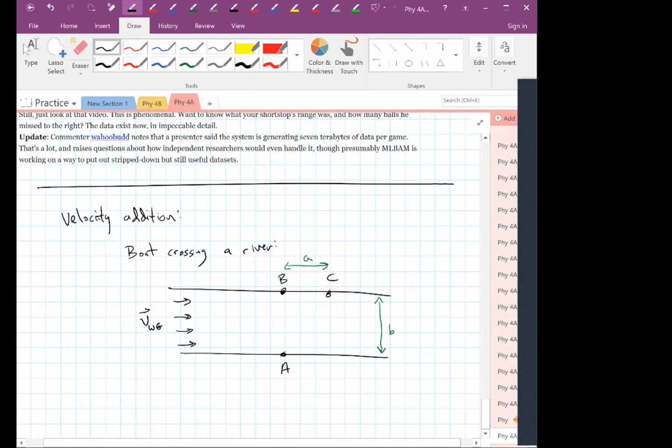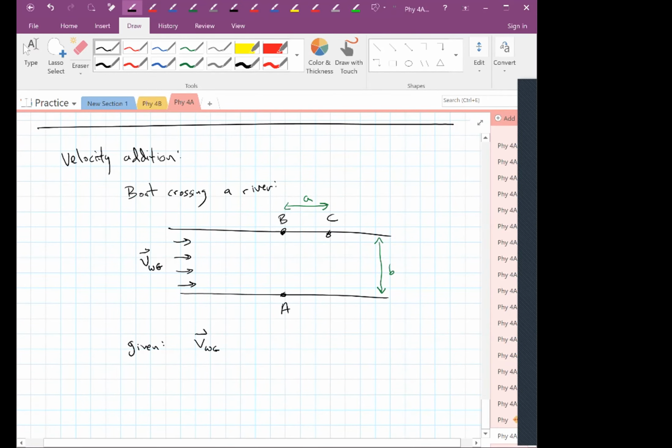Okay, so there's some given information here, right? So we know that. We would also have to know at least the magnitude of the boat with respect to the water, right? The direction, we're trying to find the direction. We'd be given A and B. So there's our given information. And what do we want to do?